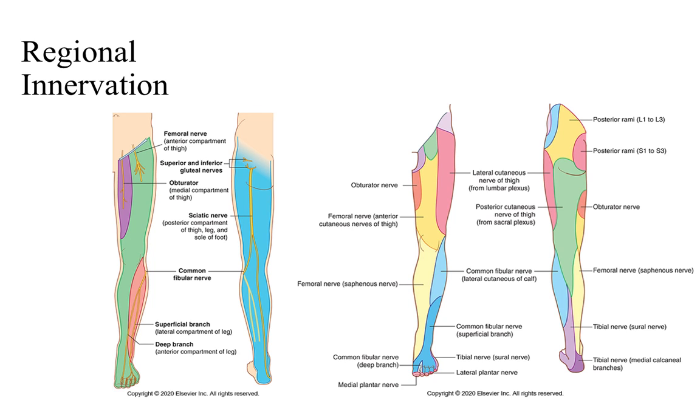Okay, so another way we can look at this is regional innervation. Instead of the spinal nerves that they're coming from, the specific nerves that are innervating part of the leg. So if we look at the femoral nerve, this is the area that is being innervated by the femoral nerve. And then your job is to go back and say, all right, we know the femoral nerve is coming from L2, L3, and L4.